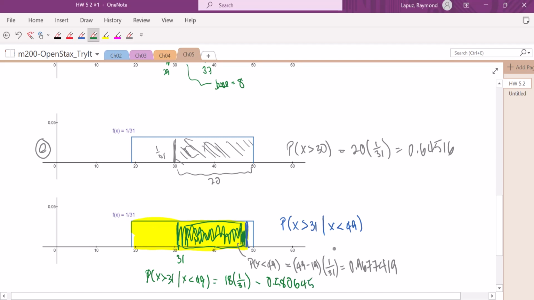And so now to get this value, I want to divide these two numbers.